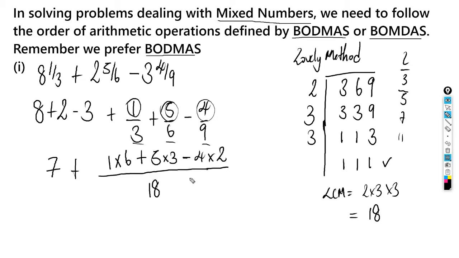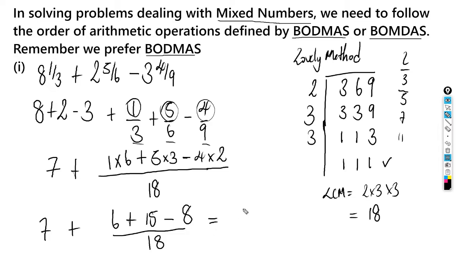So we're going to get 4, which is the numerator here, 4 multiplied by 2. All right, so we're going to end up with 7 plus 1 times 6 is 6, plus 3 times 5 is 15, minus 4 times 2, which is 8, over 18. So we're going to end up with 15 plus 6 is 21. 21 minus 8 is 13.